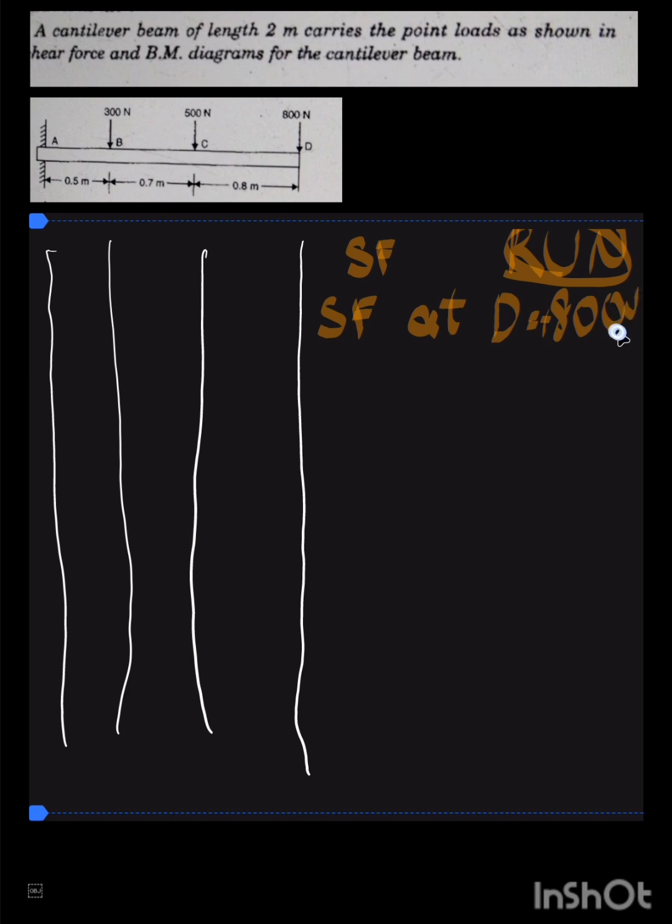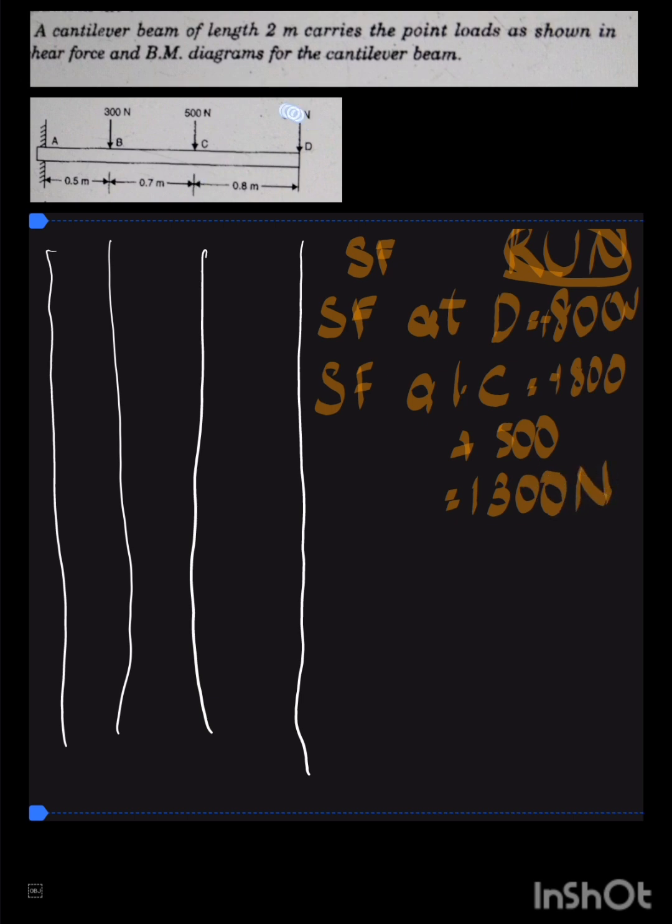Why newtons, why not kilonewtons? Because here the loads are given in newtons. Next, shear force just after D, at point C: 800, how is the load acting? Downwards. So plus 800 plus 500, which is equal to 1300 newtons.